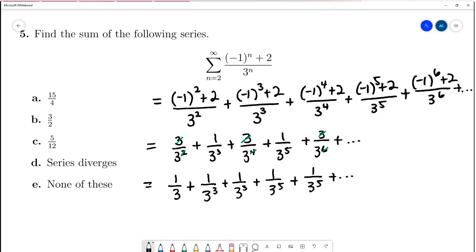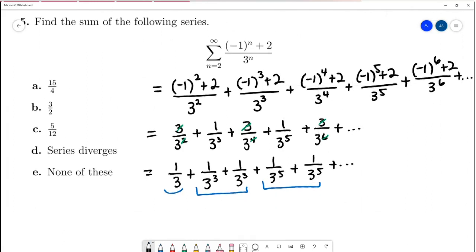So it's looking like after the first term, we have pairs of terms that are like fractions, and we can combine them. So we'll get 1/3 plus 2 over 3 cubed, plus 2 over 3 to the fifth, and so on.